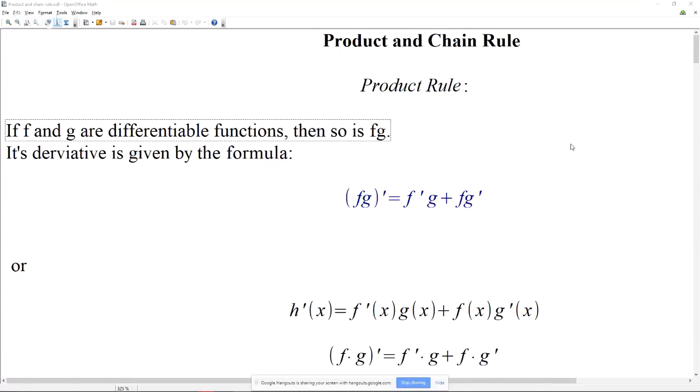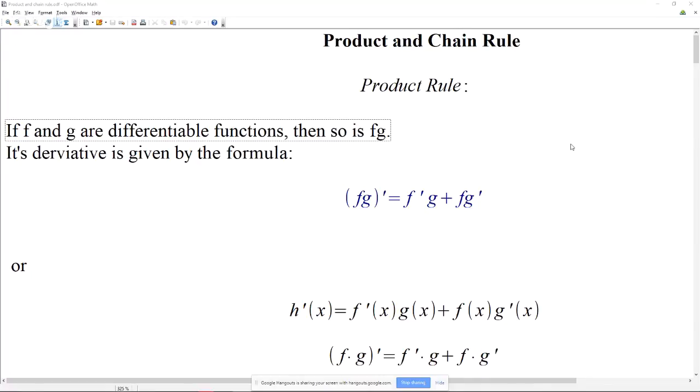Yes. Yeah. Okay, so what the product rule allows us to do is, remember the composite functions we talked about yesterday, f and g are functions. If they are differentiable functions, then the product of the functions can be differentiated. So if each individual function can be differentiated, then the product, meaning the multiplication of them, can be differentiated.